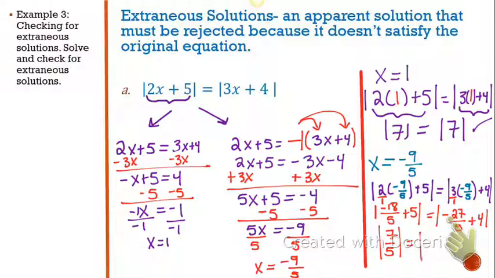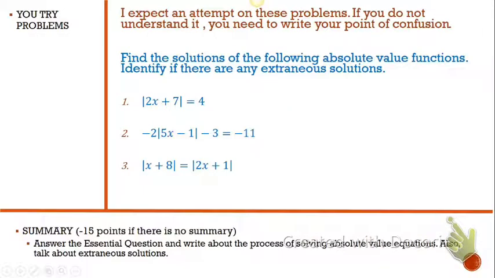On the other side, we get the absolute value of... Now, since we're taking the absolute value of 7 over 5 and negative 7 over 5, this is basically 7 over 5 equals 7 over 5. So that means that this works, so we don't actually have any extraneous solution. So both of these work.